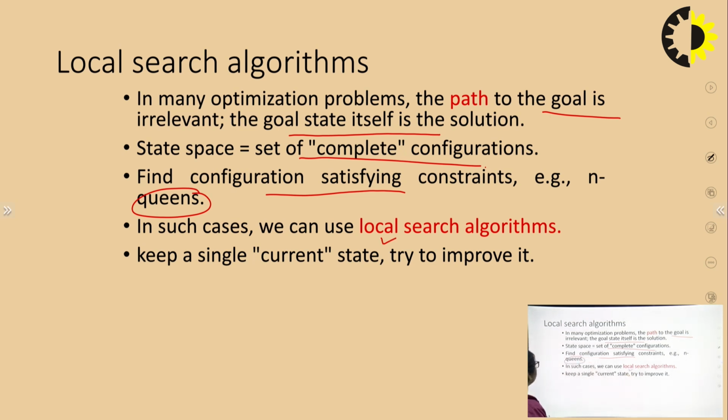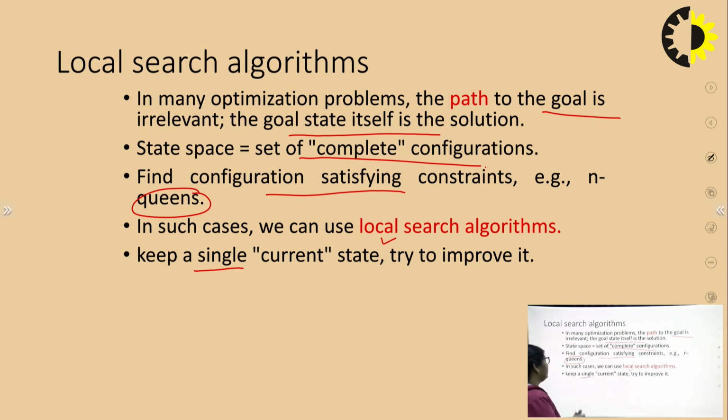So what do we do in local search techniques? We keep a single current state and try to improve it. It is not like informed or uninformed search, where we have multiple branches and search through them to decide which side to move.